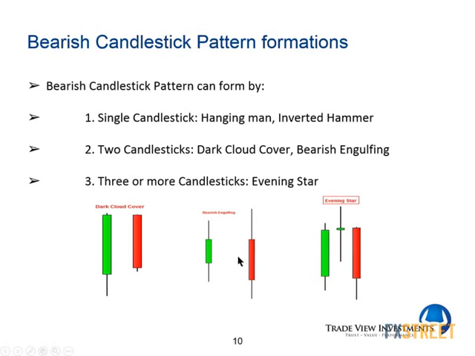The difference is that a bearish engulfing has to engulf the entire body, but for the dark cloud cover, the close of the second candle has to be beyond the midpoint of the first candle. So these two are extremely powerful. The third one is exactly similar to the morning star but upside down, and that is known as the evening star.